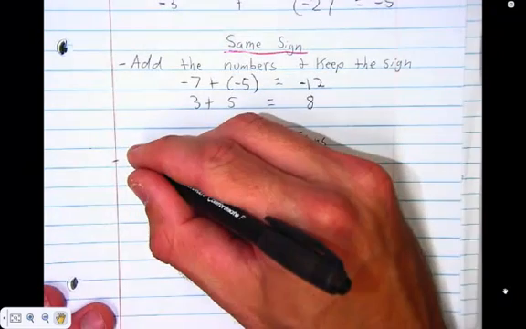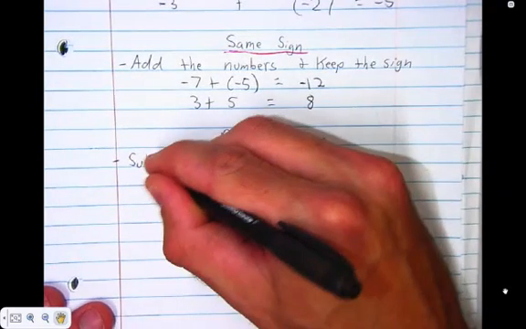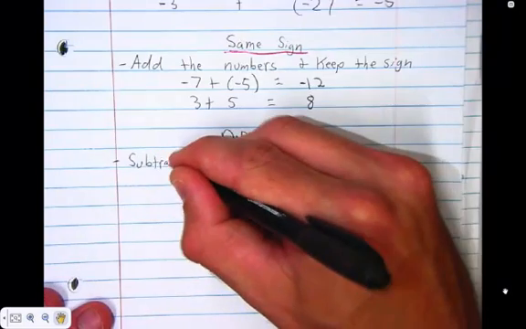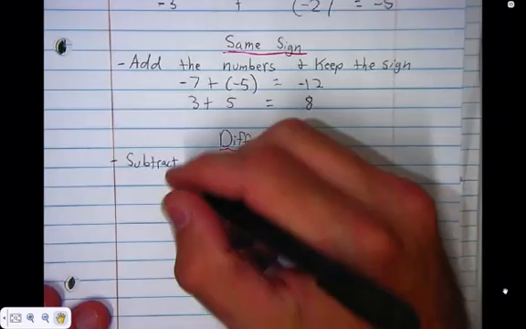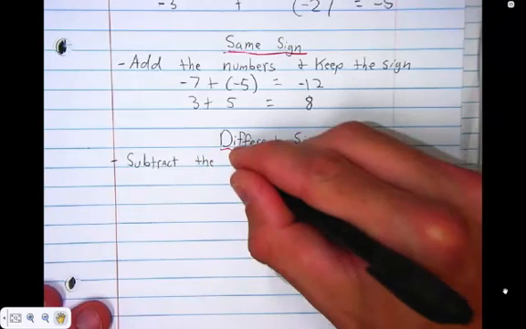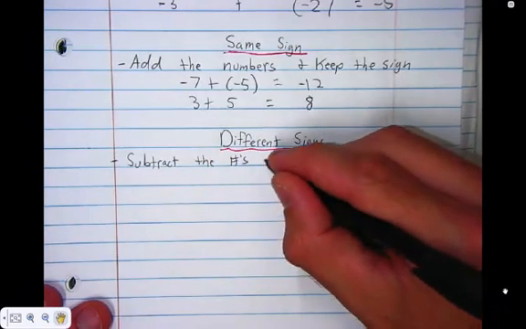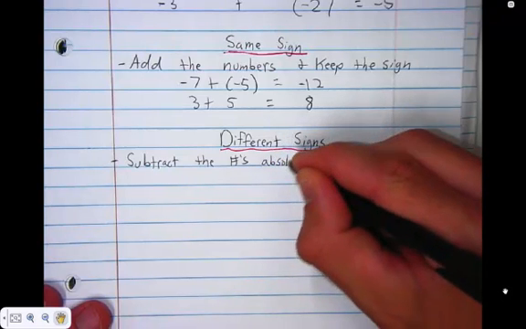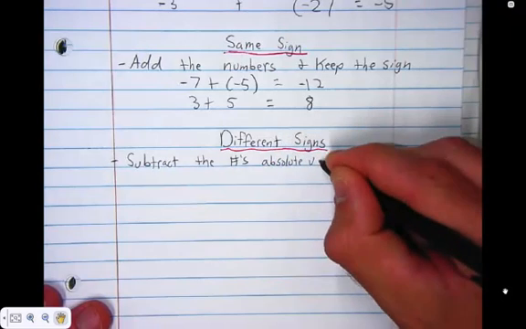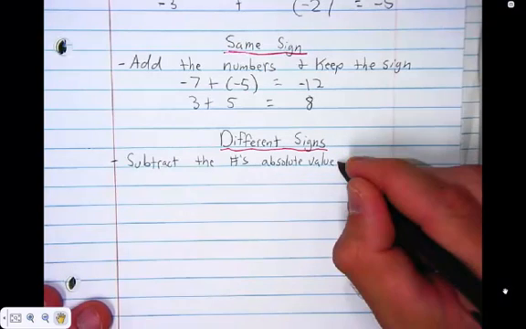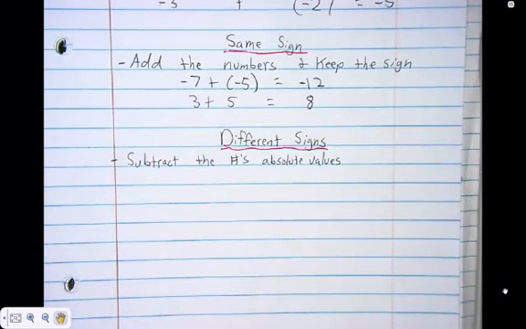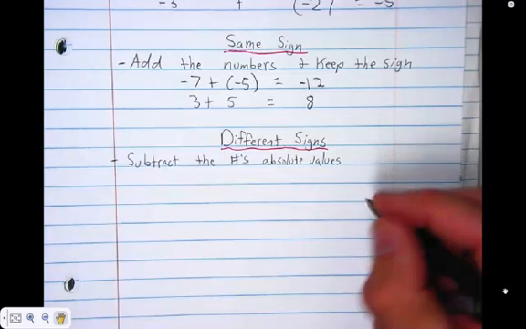So when the signs are different, subtract the absolute values. Remember, the absolute value is just when you forget about whether it's positive or negative.